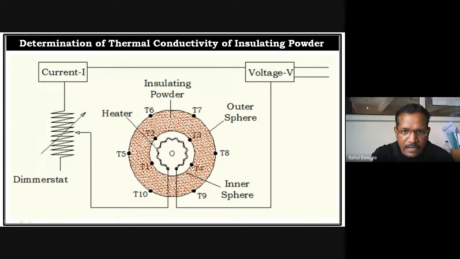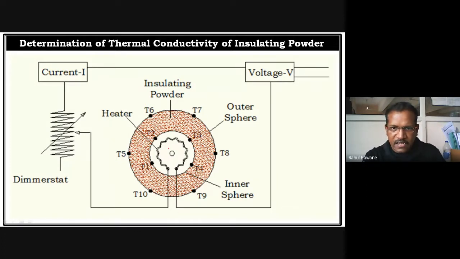This heat will reach the inner surface of the sphere, and to measure the temperature of the inner sphere, four thermocouples are mounted randomly, T1, T2, T3, T4. When we want to find the temperature of the inner sphere, we have to take an average of T1, T2, T3, T4. That average temperature we assume as the temperature of the inner sphere.